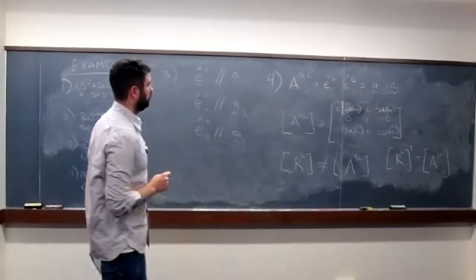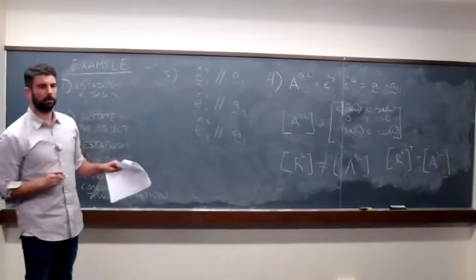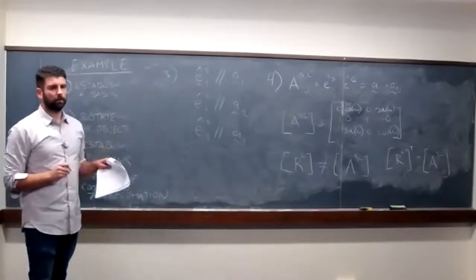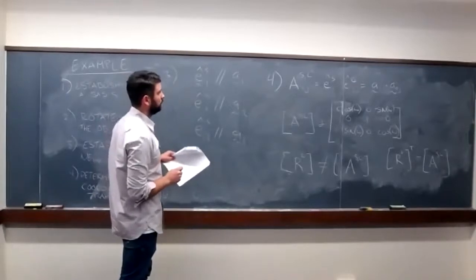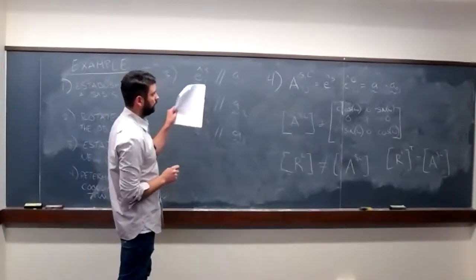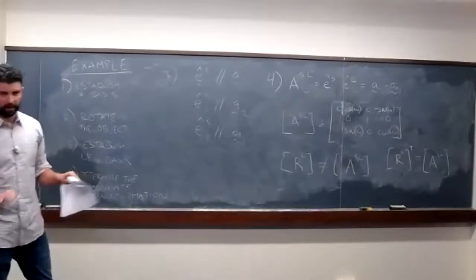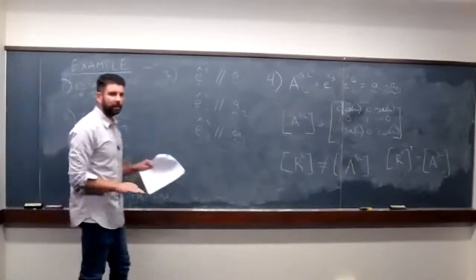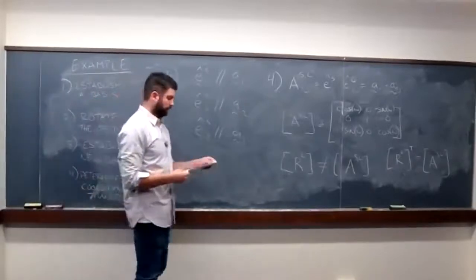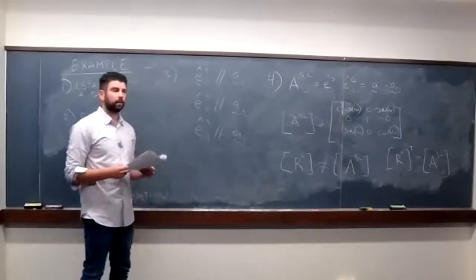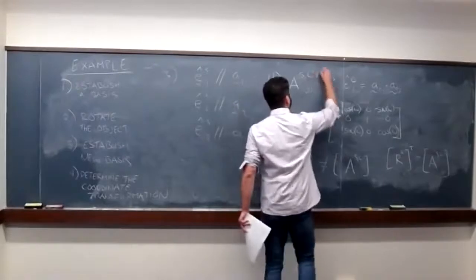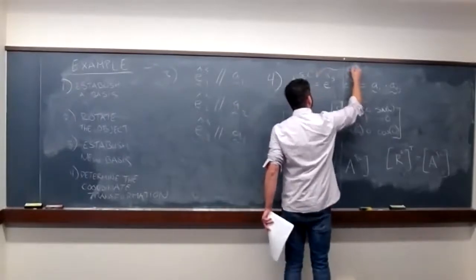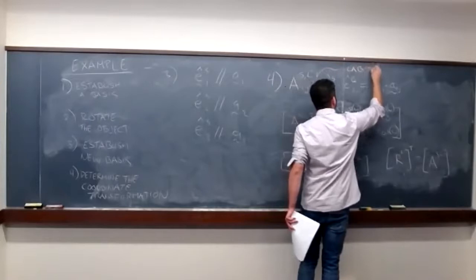You said from the sample to the lab, S comma L. Sorry, it's lab to sample. I apologize for that. Then this makes sense. I apologize. This is lab to sample.